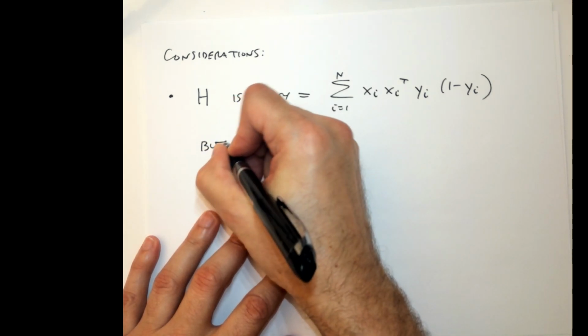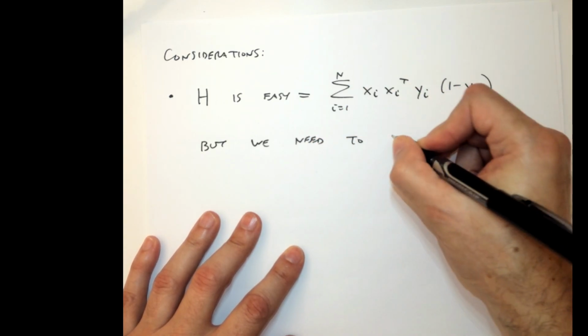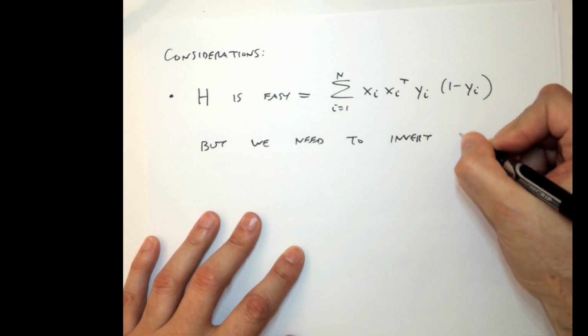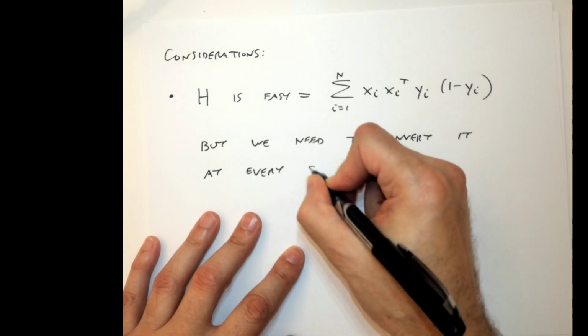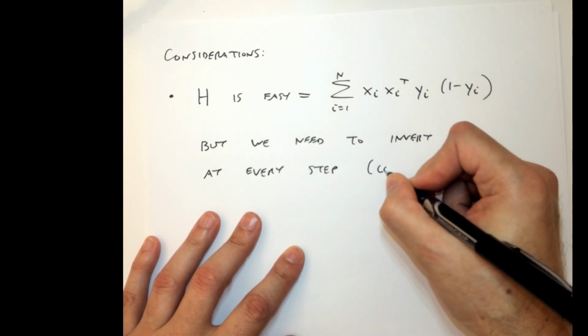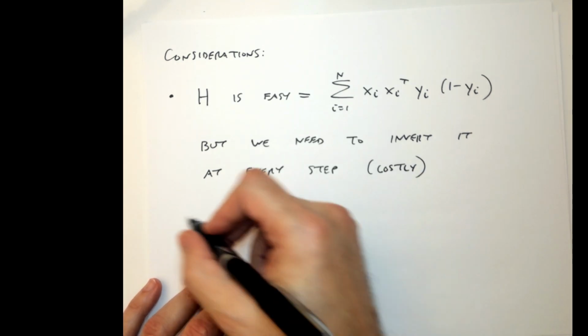But we need to invert it at every step, which, depending on how many parameters I have, could be relatively costly.